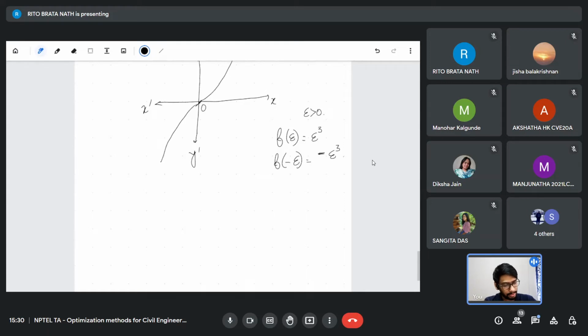So on either side of this point, on one side this function is taking positive values, on the other side it is taking negative values. And on this side the function is increasing, and if you go to this side, your function is decreasing.